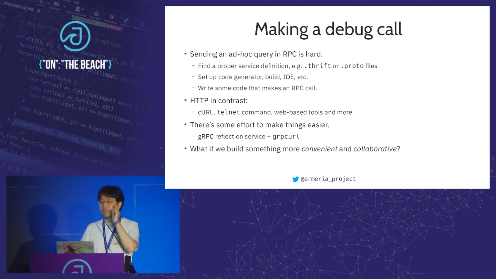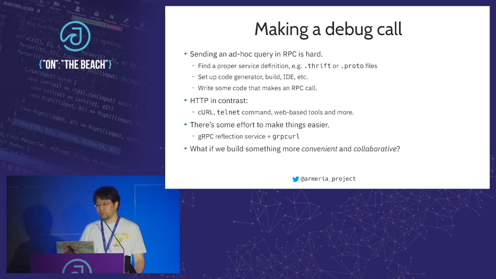Another long-standing issue of RPC is that it is often hard to make an ad hoc call, like sending an RPC request without any IDE setup. So far, we had to first find a proper service definition file, such as a .thrift file or .proto file, set up the development environment, like the build tool and IDE, and write some code that makes an actual RPC call. It takes energy, and it's pretty messy.